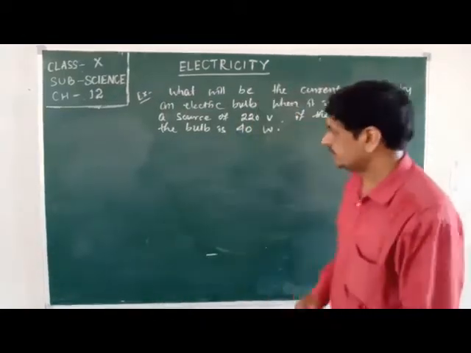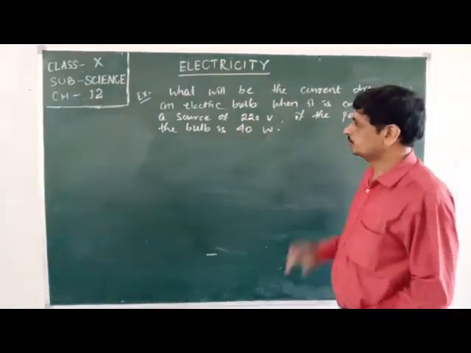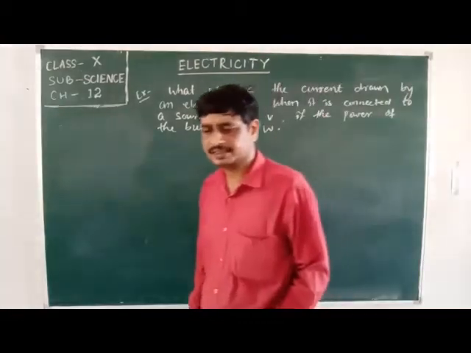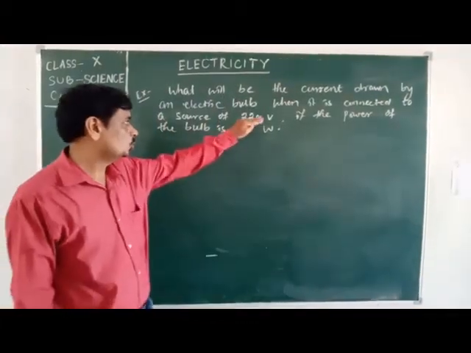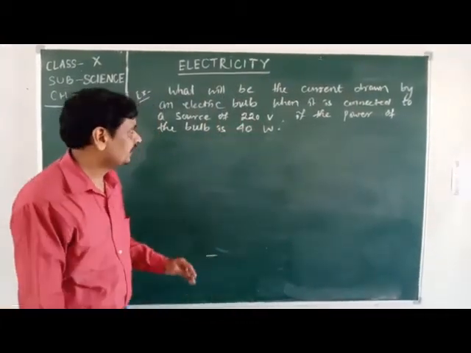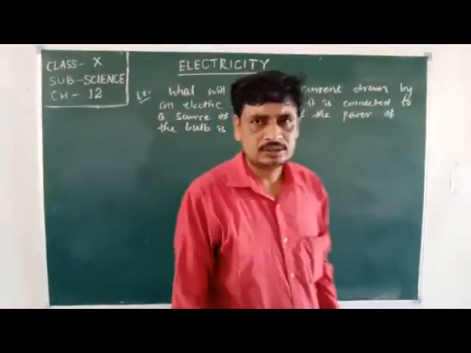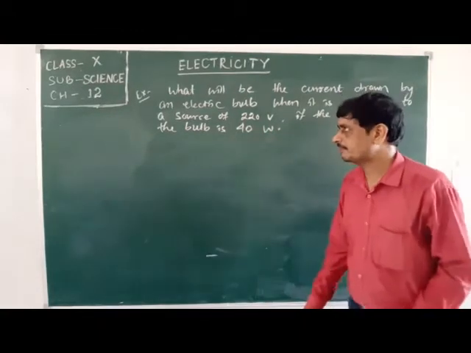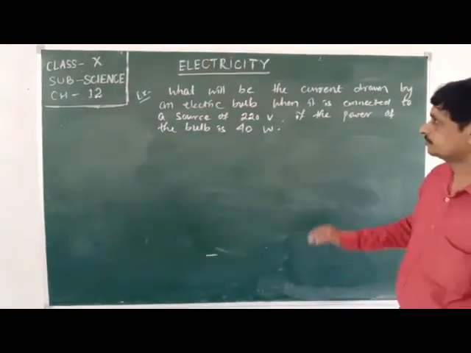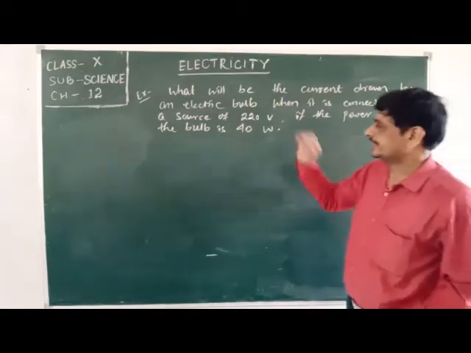If the power of the bulb is 40 watt and the bulb is connected with a source of 220 volt, then we have to find the amount of electric current which will flow through this bulb.